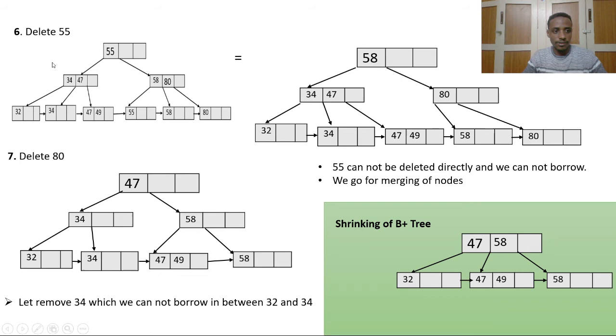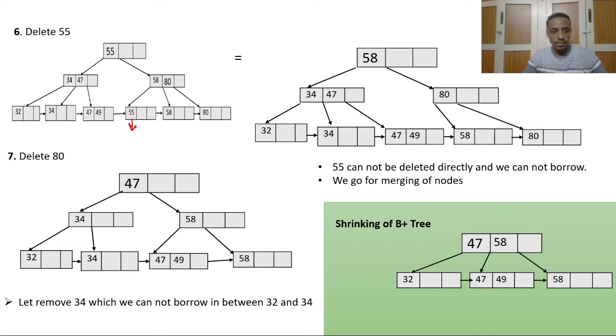Now deleting 55. So 55 is at the root node and present at the leaf node. So 55 cannot be directly deleted because it is the minimum number of keys. So we will go for merging 58 and this deleted space of 55.